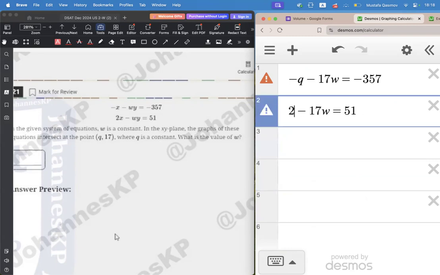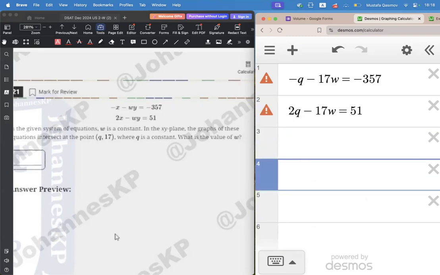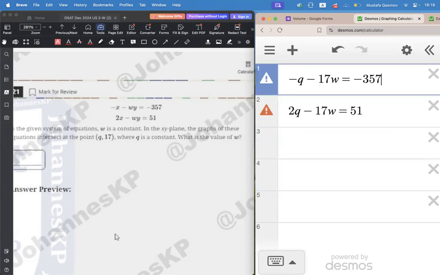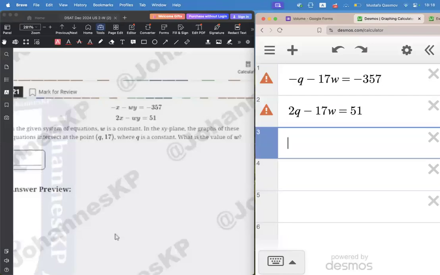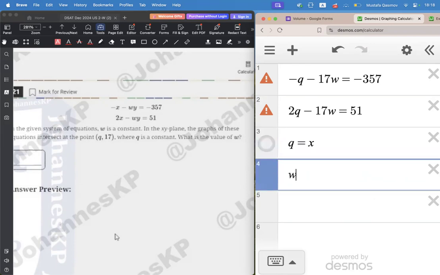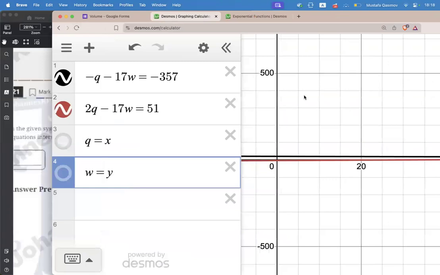Yes, after that you can write here x and y. Okay, let's write it like that. q is equal to x and w is equal to y. Then we will get something like that.